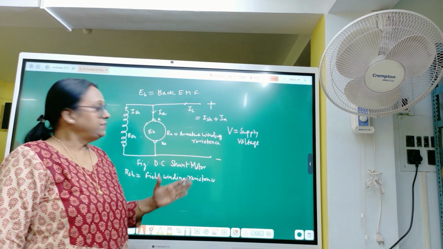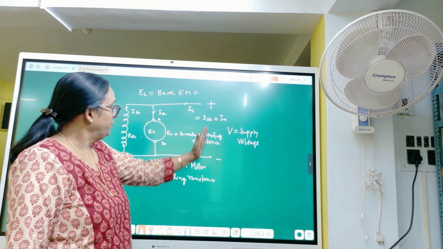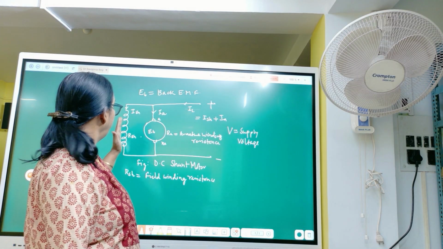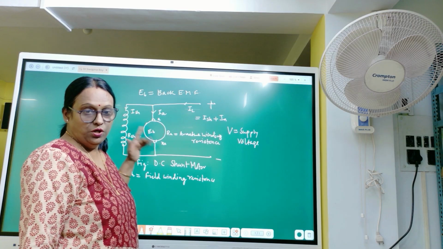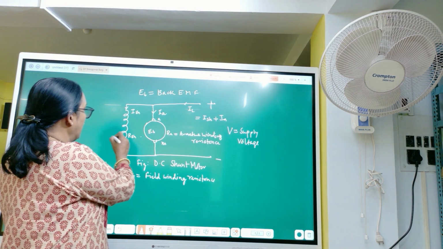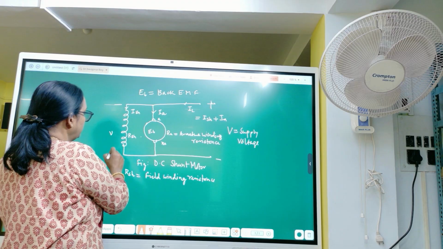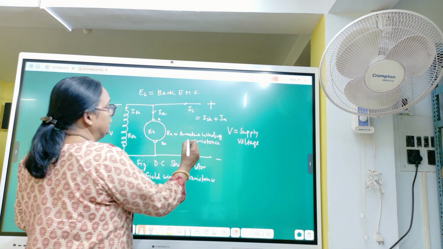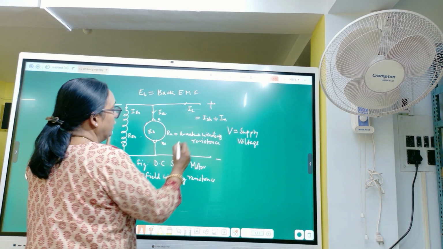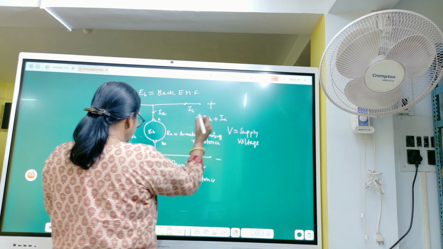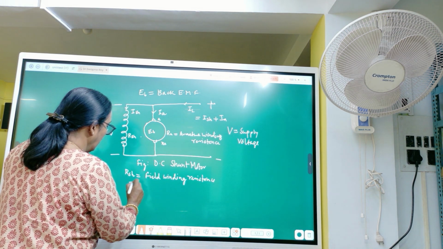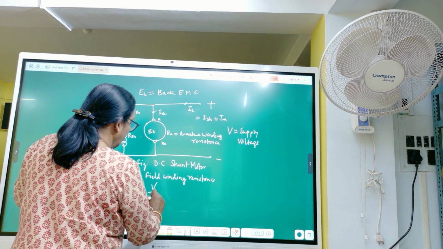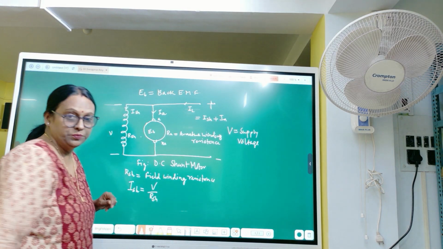You have to find out ISH as the supply voltage. Therefore, supply voltage is V and the field winding is connected across it. The same voltage V appears across it. So naturally, if you know the V, you can calculate ISH is equal to V by RSH.